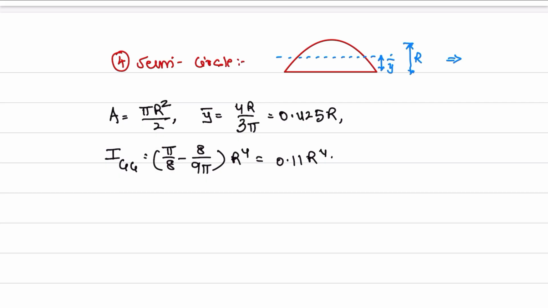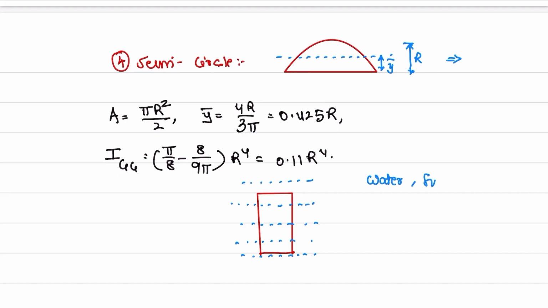here what we are supposed to know? If a vertical surface is submerged, this is the water, it is submerged in water.